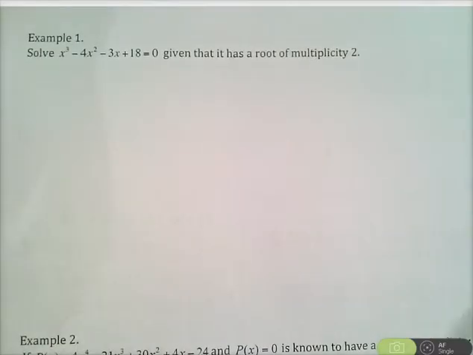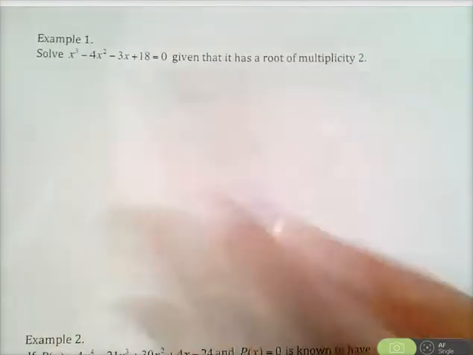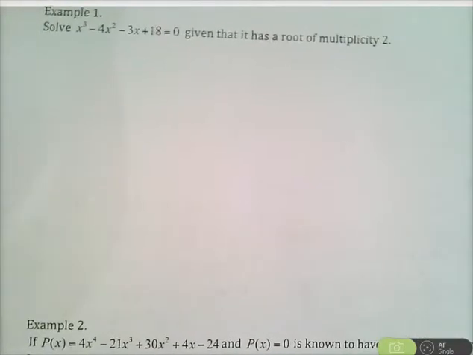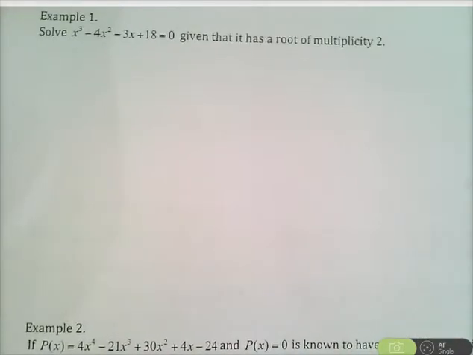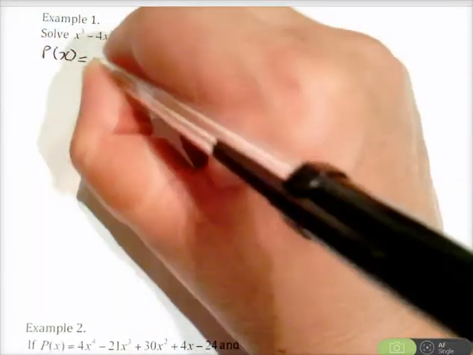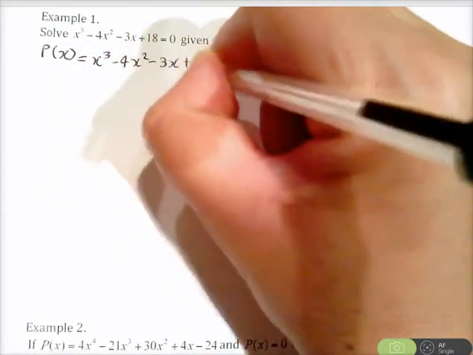Now we're on page 10 of the Polynomials booklet, and the question is to solve x cubed minus 4x squared minus 3x plus 18, given that it has a root of multiplicity 2. So if it has a root of multiplicity 2, we need to look at the original function, which is x cubed minus 4x squared minus 3x plus 18.